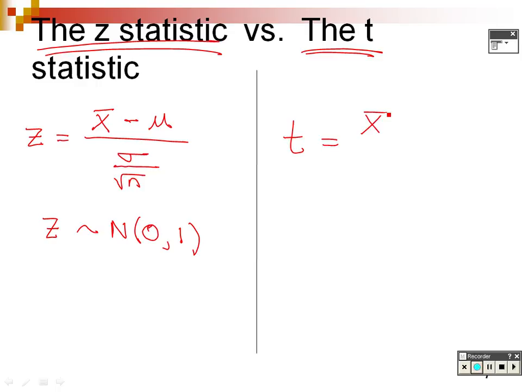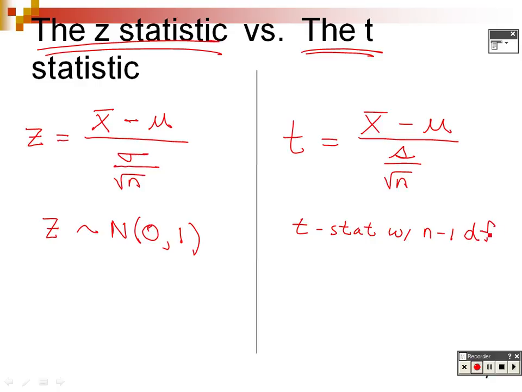You're still going to have some test statistic, your x bar. You're going to subtract from that the mean, and then divide that by not the population standard deviation, but s, the sample standard deviation, over the square root of n. And that is referred to as the t-stat with n minus 1 degrees of freedom. Okay, that degrees of freedom ends up being important. It affects the actual t value.